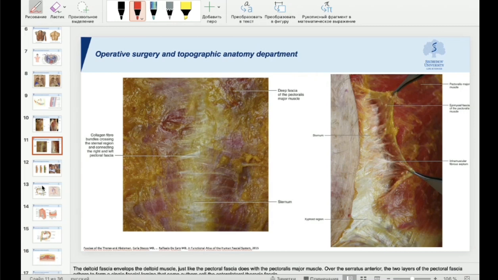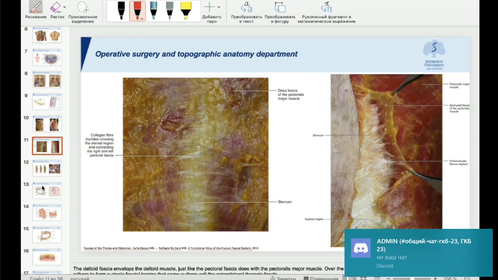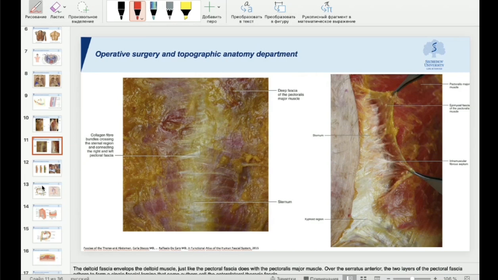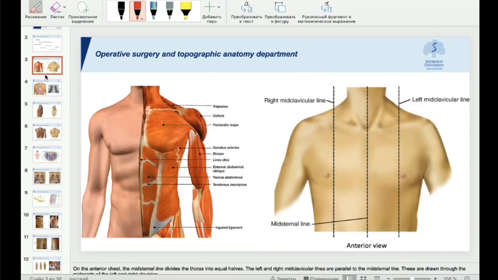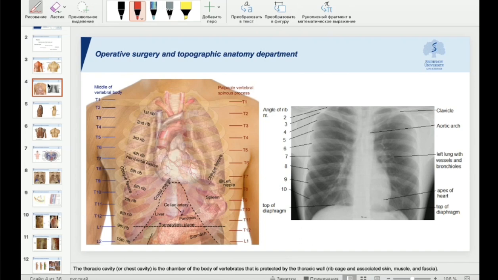So, according to this, can you remember the blood vessels which give the proper blood supply to the pectoral muscles? Thoracic artery, which we will find, the internal thoracic artery, which goes at the lateral side of the sternum, and also on the lateral side we will find the lateral thoracic artery.